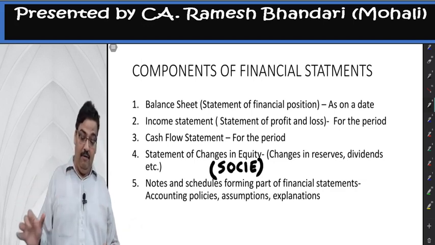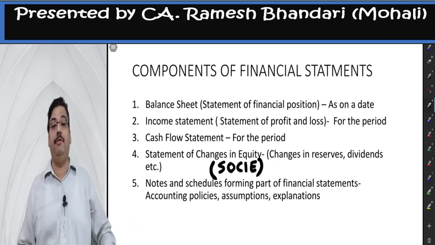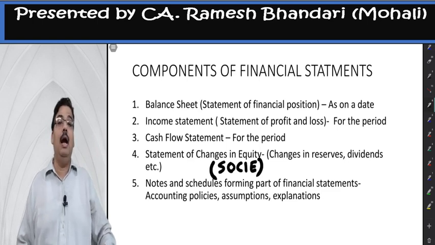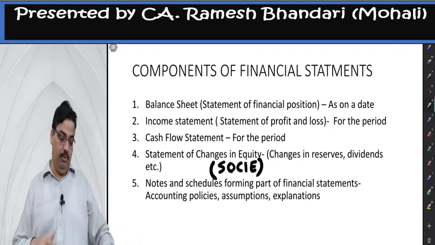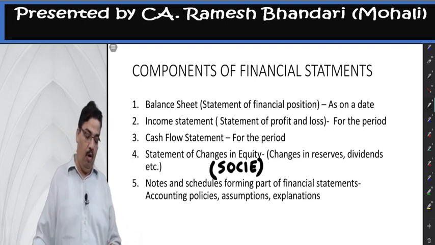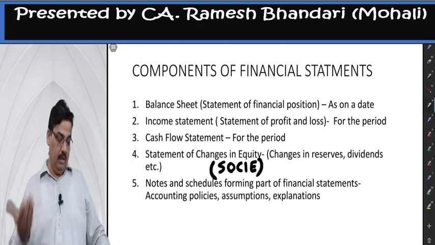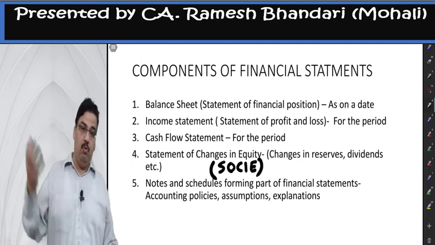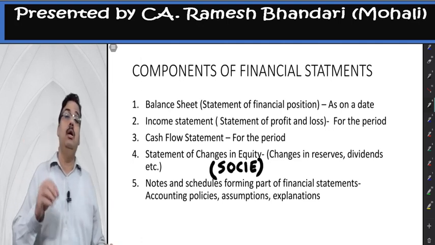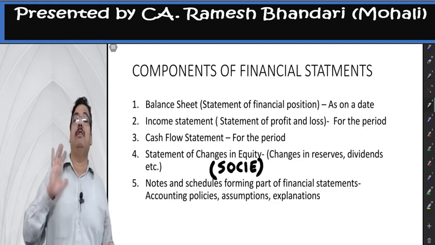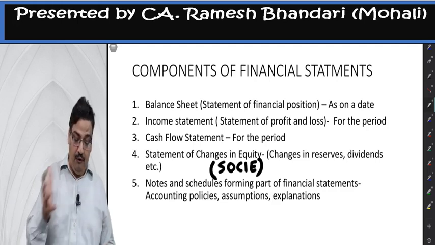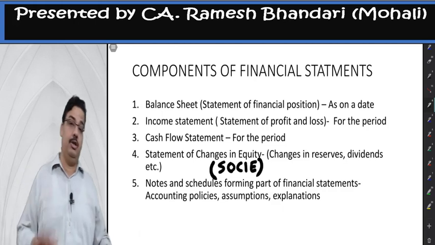They are being quantified in this separate statement, the statement of changes in equity. And lastly, this was there earlier also, under the old AS 1: notes and schedules forming part of financial statements, which include accounting policies, assumptions, explanations, whatever details are there for making the financial statements, including the cash flow statement. So they are the 5 components of financial statements.